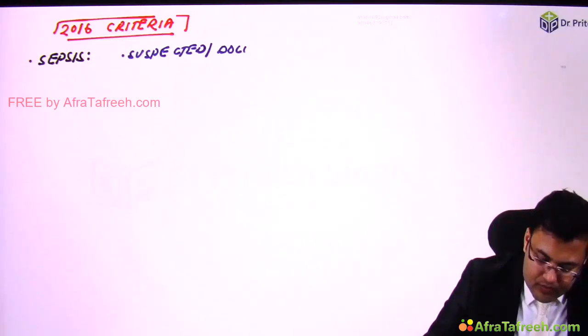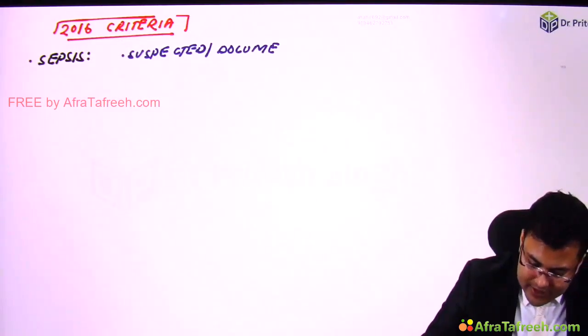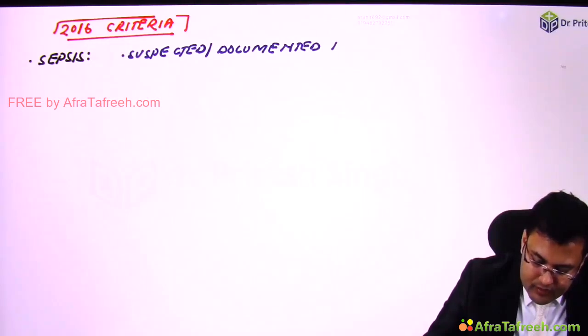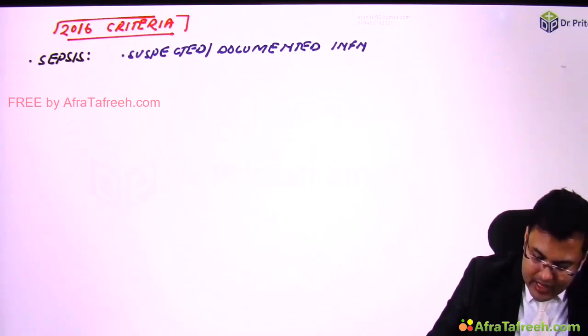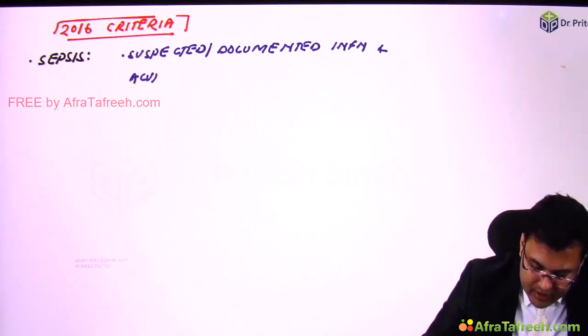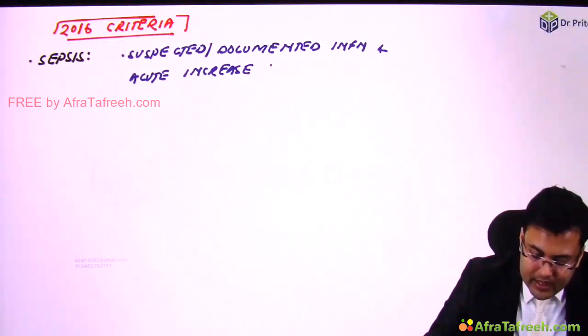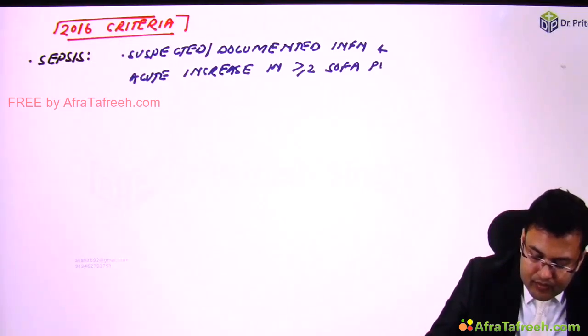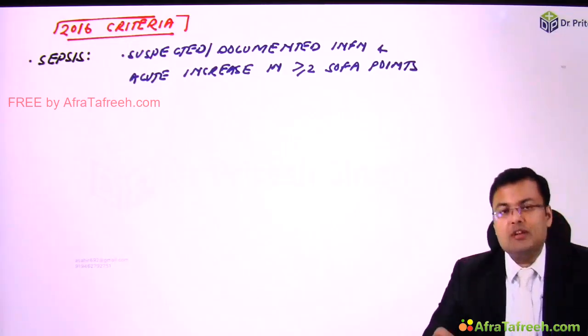First, what is sepsis according to this criteria? Sepsis is suspected or documented infection and acute increase in more than or equal to 2 SOFA points.